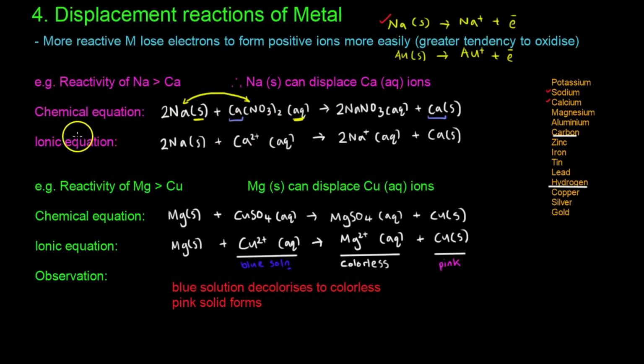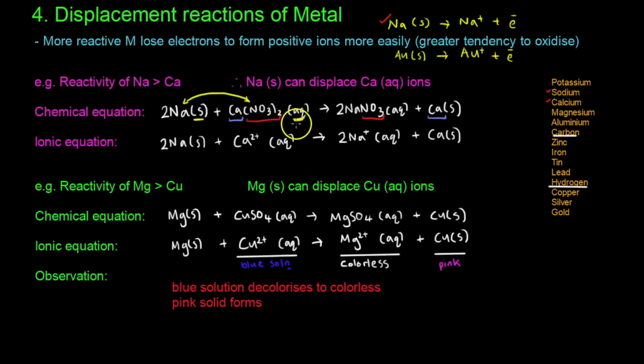Now I'll introduce you to the ionic equation, which is basically the same thing, except now you do not include the anions which remain the same. What do I mean? You can see that nitrate here and nitrate here are both NO3-.